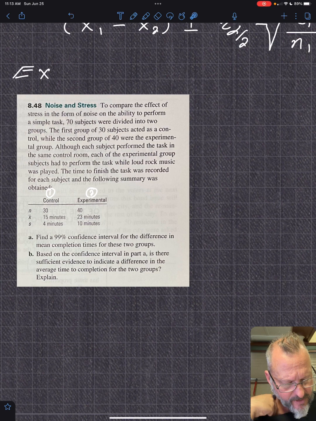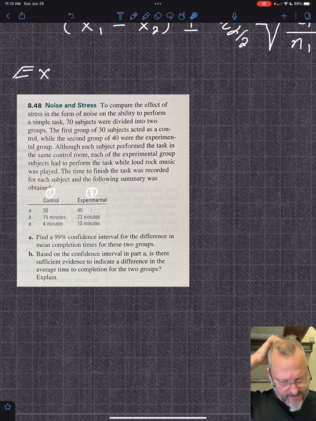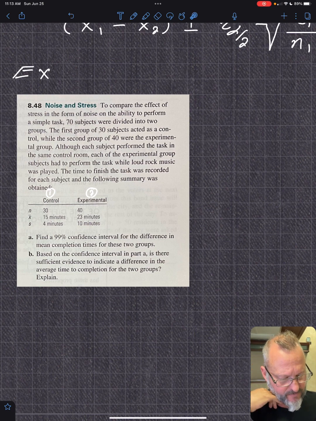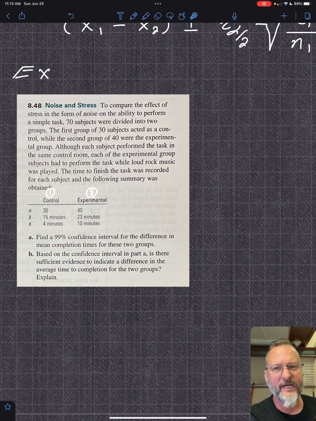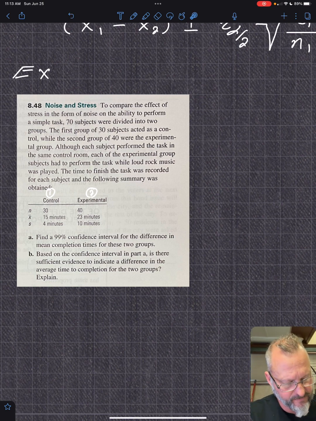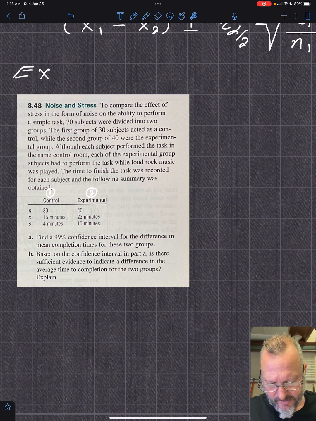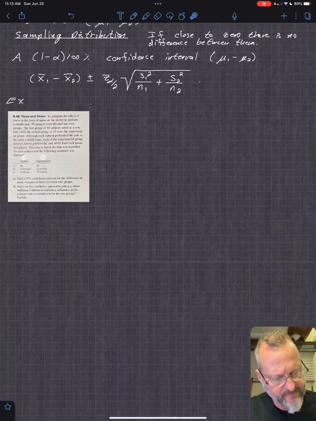So you can look up just how to do that, or we will do it in the book or the tables. So you go to z-score 0.99 and you find 0.99, look up the value. So we'll talk about that at some point. Okay, so that's your question. Let's see if you can calculate that.